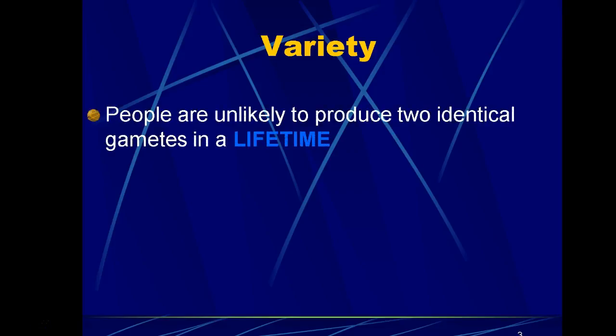Even if your sister is not an identical twin, you are going to look somewhat different, because every single time your parents make a sperm or a secondary oocyte, there's some variety because of processes that take place during meiosis that don't take place in mitosis, which make those cells different. So people are unlikely to produce 2 identical gametes, 2 identical sex cells, 2 identical eggs, or 2 identical sperm cells for the men, in their lifetime.